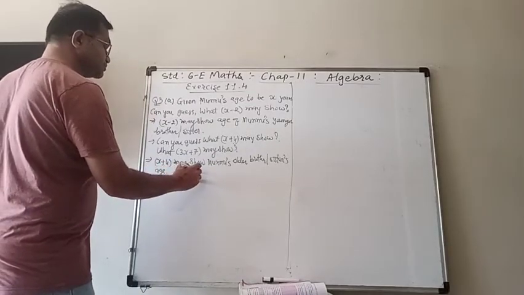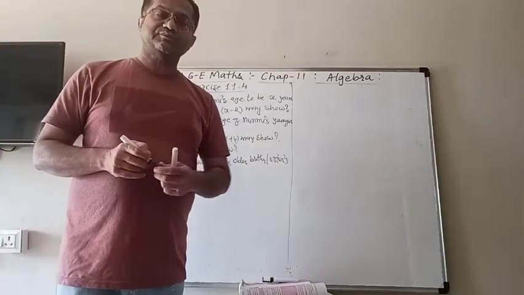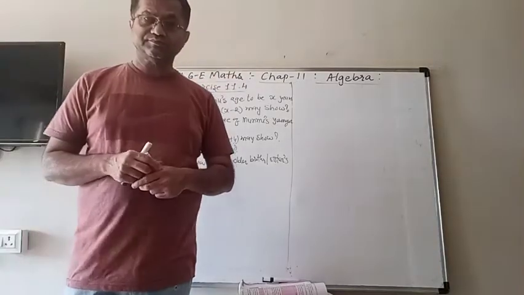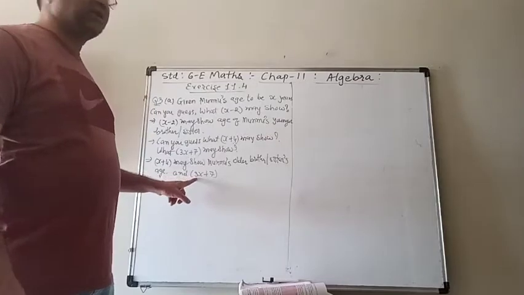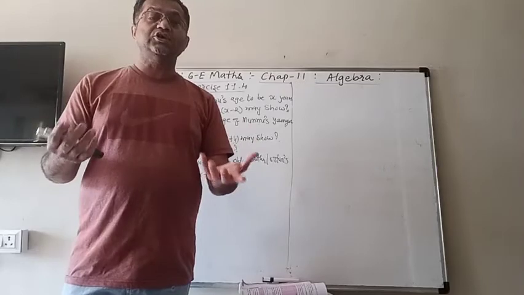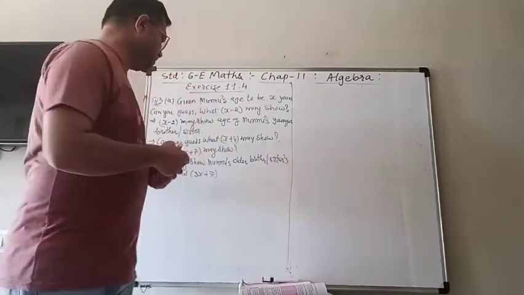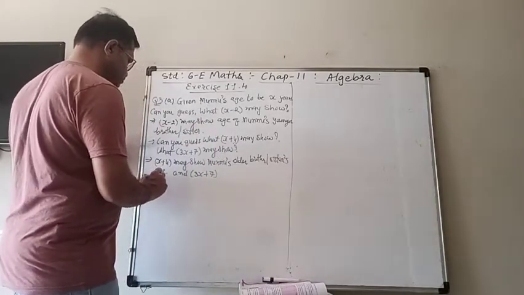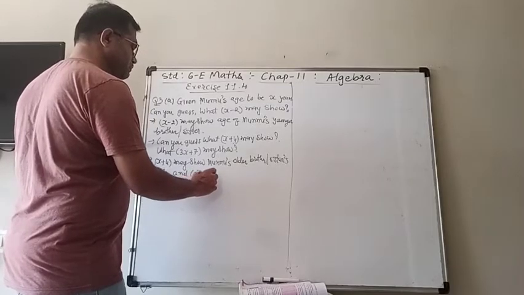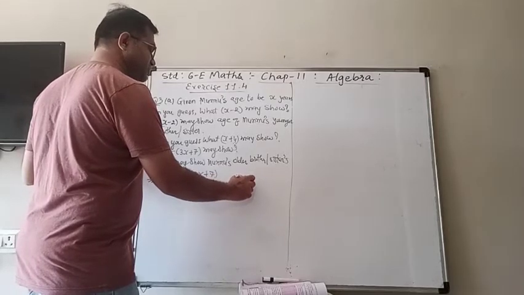And 3x plus 7: suppose your age is about 11 years. Multiply by 3, 11 times 3 is 33, plus 7, 40. So that can be your parents' age. So 3x plus 7 may show Munnu's father's age.